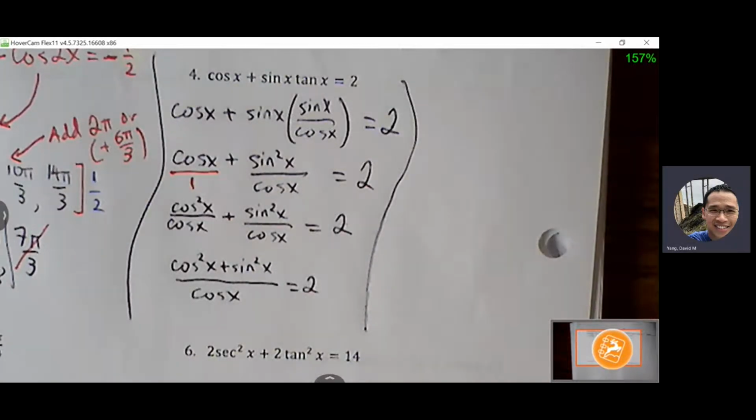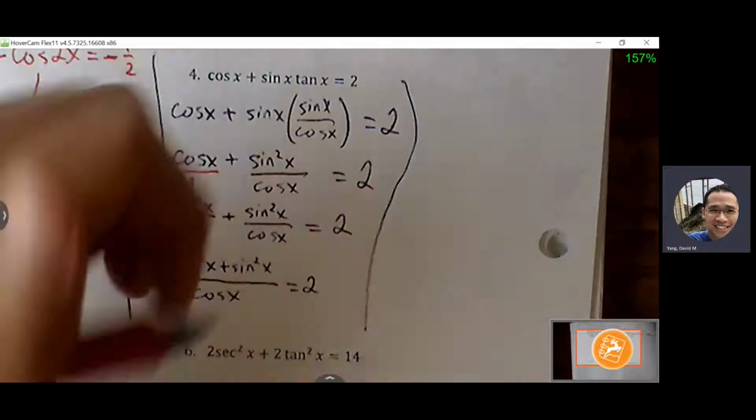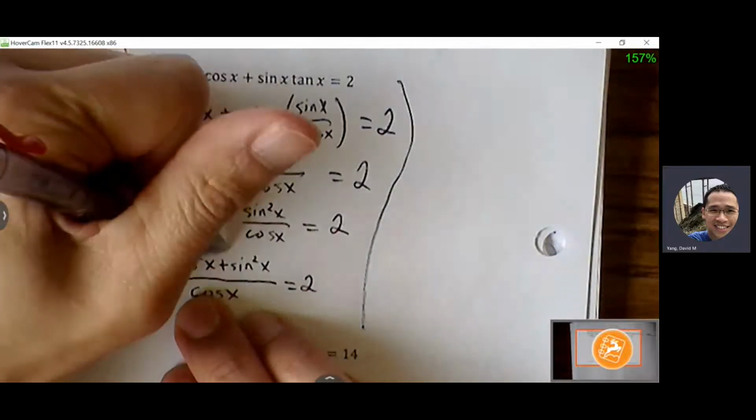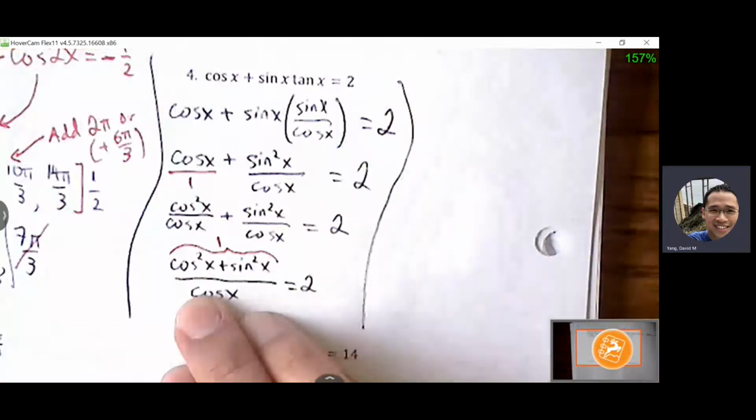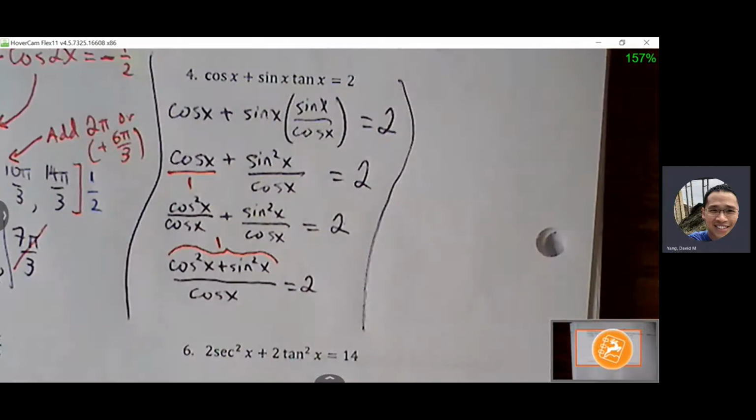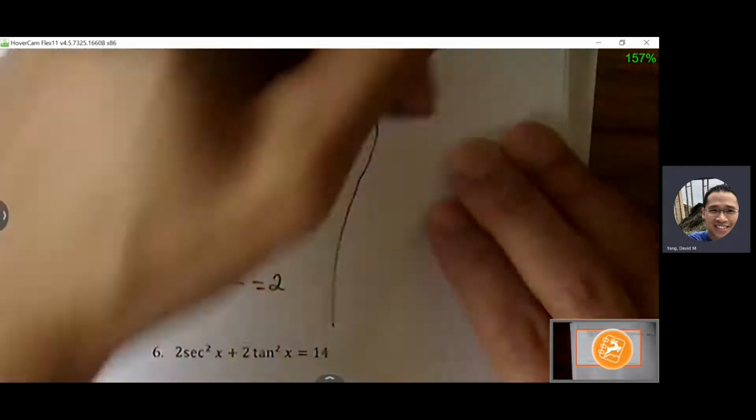Okay, what can we do with that cosine squared plus sine squared? Make it 1, makes it a little bit easier to solve for cosine, right? That whole numerator can just become 1.